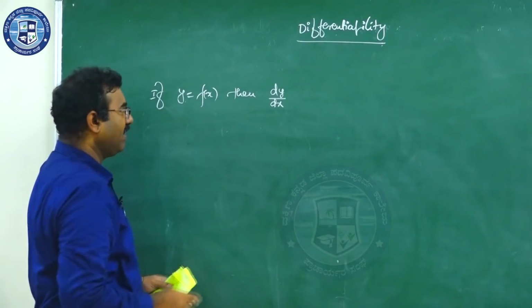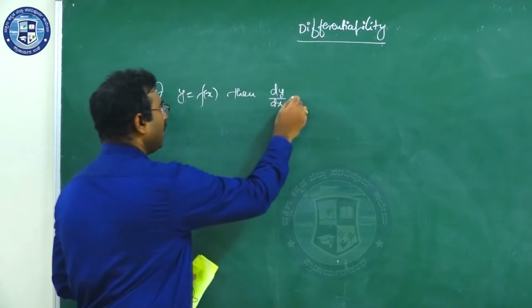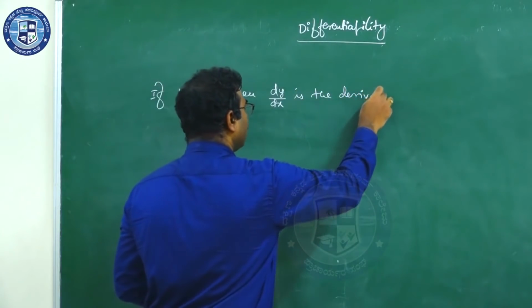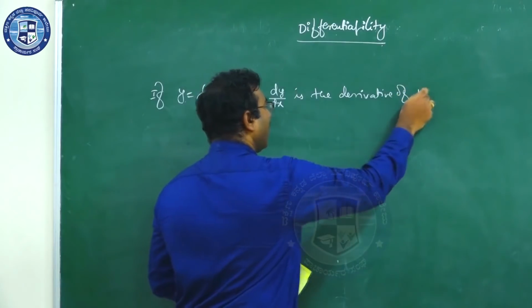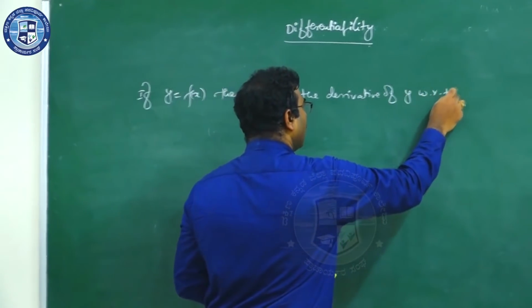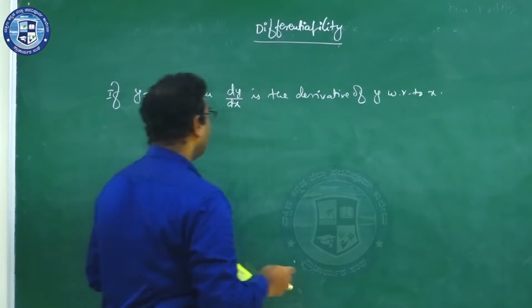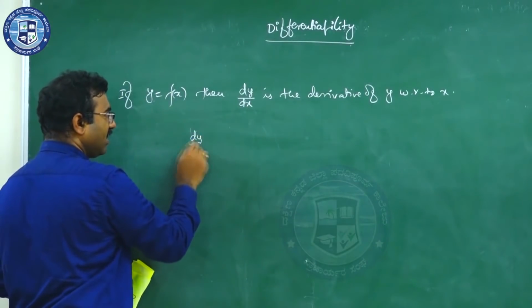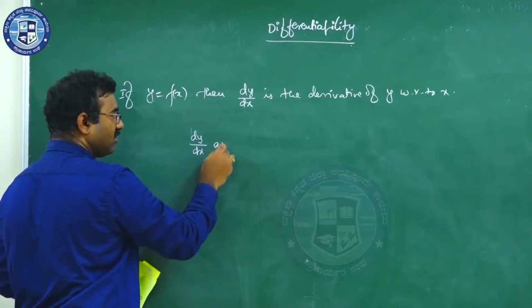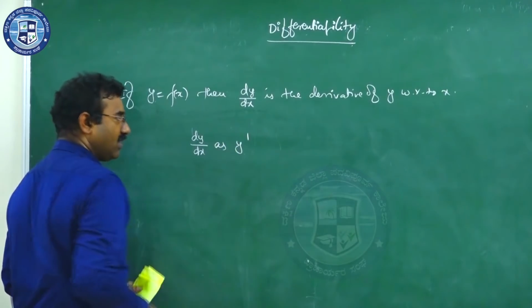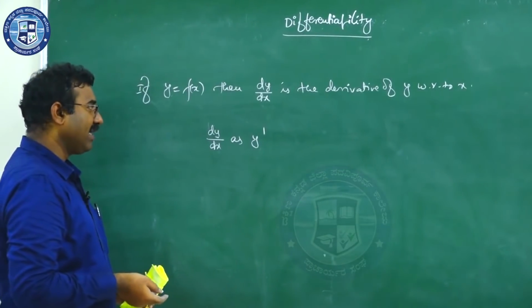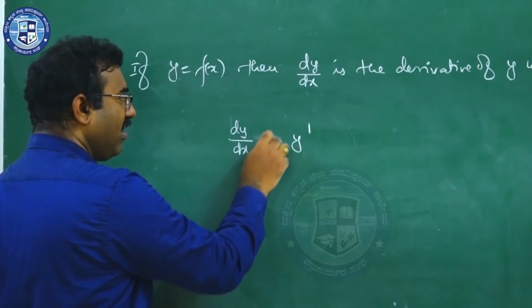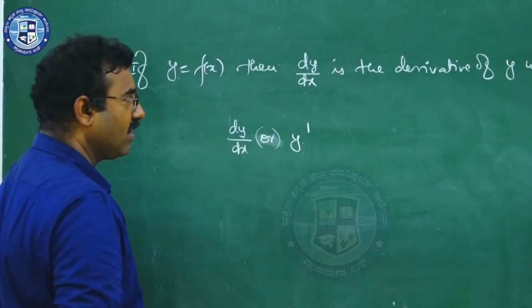Then dy by dx is the derivative of y with respect to x. Okay. In some places we denote dy by dx as y dash also. dy by dx also we denote as y dash. Okay. So, dy by dx or y dash we used to write.